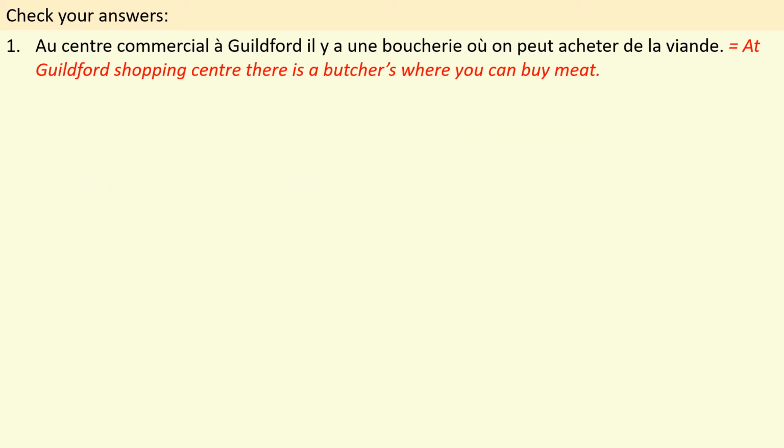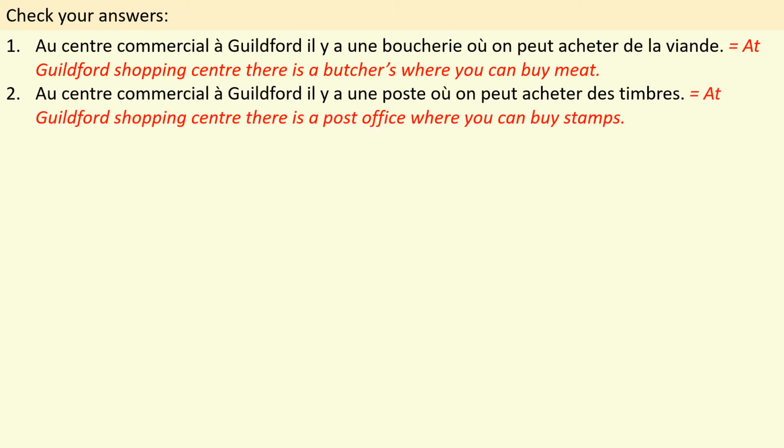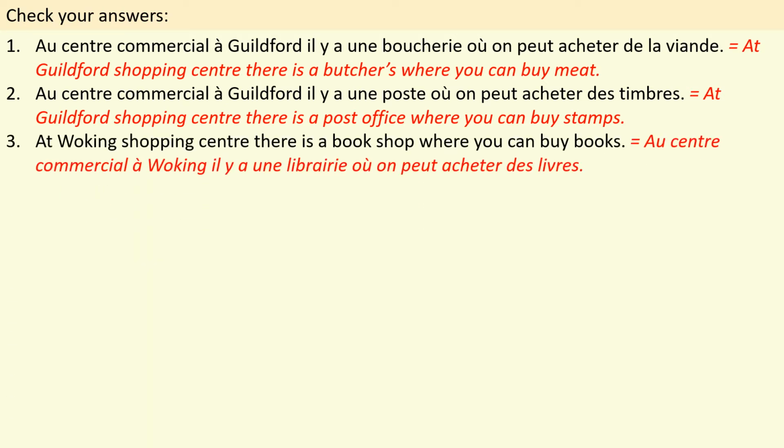Now it's time to check your answers. 1. At Guildford Shopping Centre there is a butcher's where you can buy meat. 2. At Guildford Shopping Centre, there is a post office where you can buy stamps. 3.